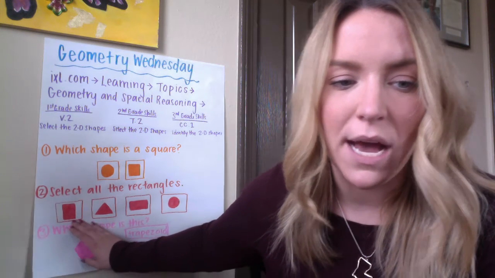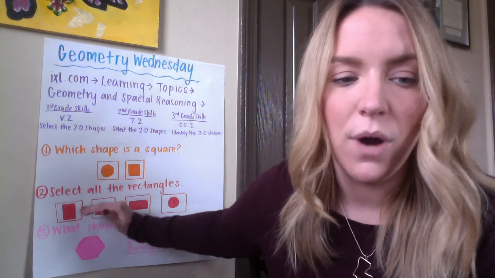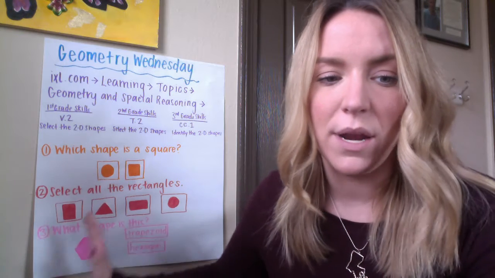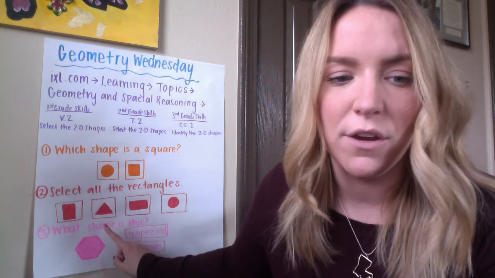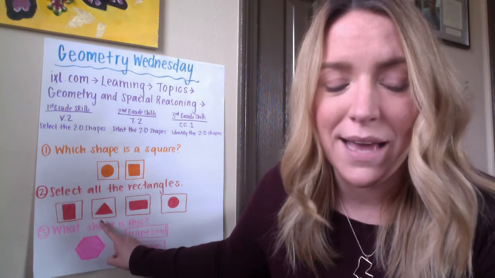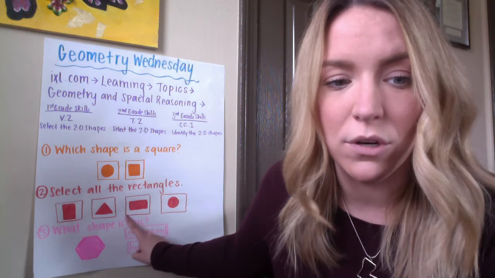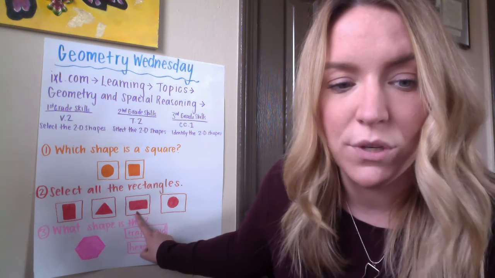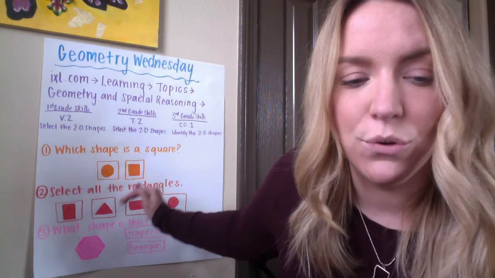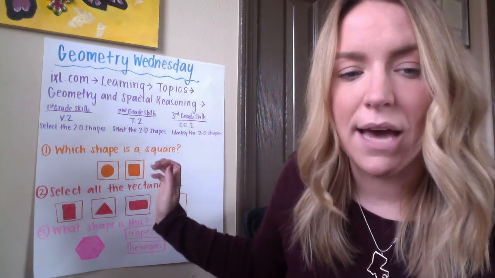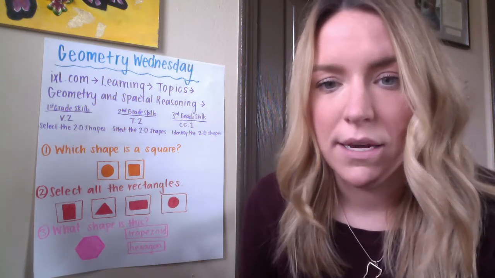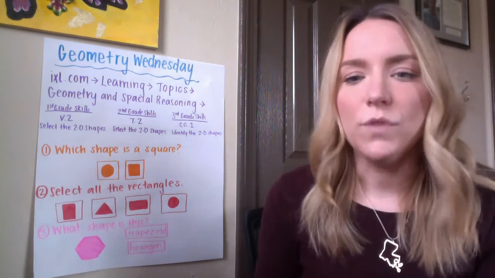This has 4 sides. 2 of our sides are going to be parallel, running in the same direction as each other. I know that this has 3 sides, so this has to be a triangle. This also has 4 sides that have 2 sides that are equal in their length or width.